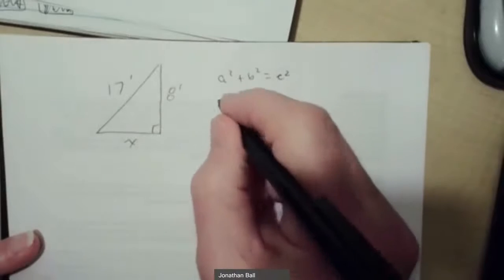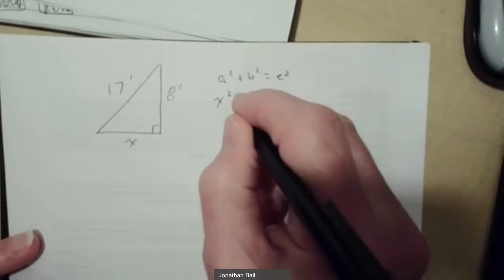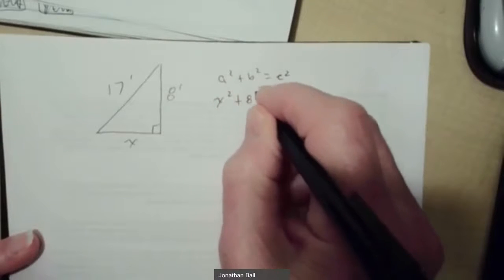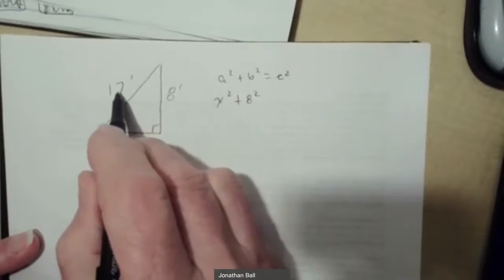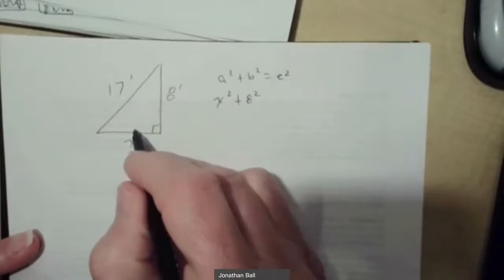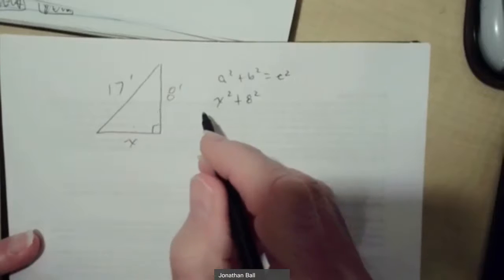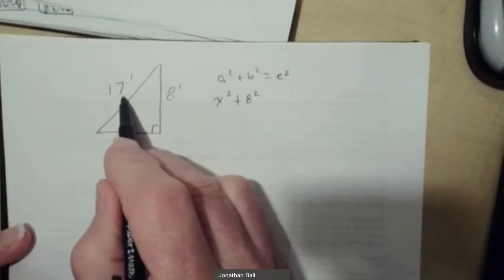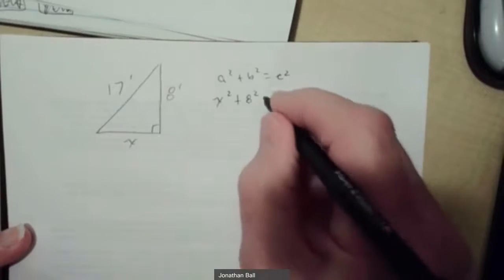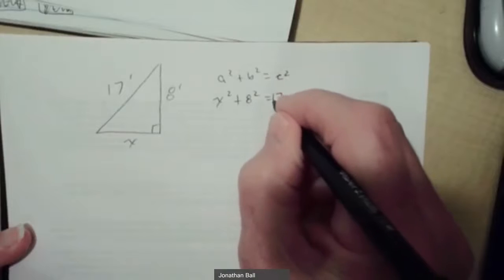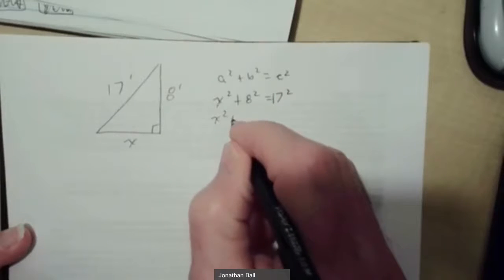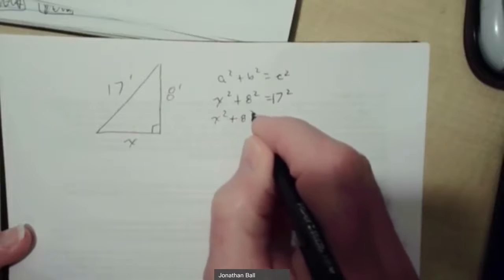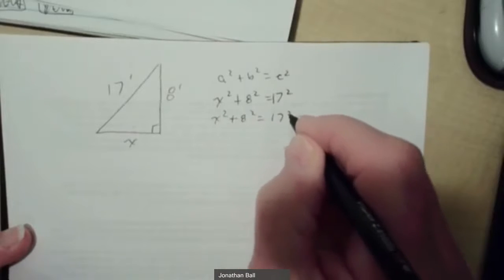What's our a squared? x squared plus 8 squared. These are the legs, and these can be either one. Doesn't make any difference. But c has to be the hypotenuse, 17 squared. So we have x squared plus 8 squared equals 17 squared.